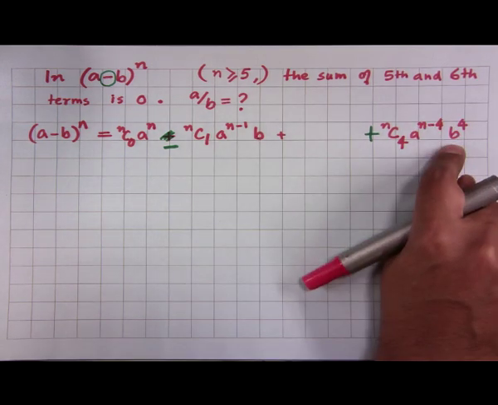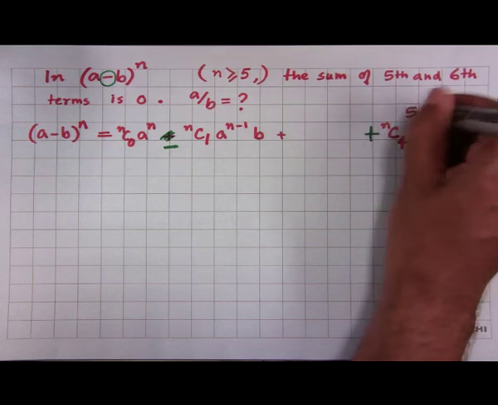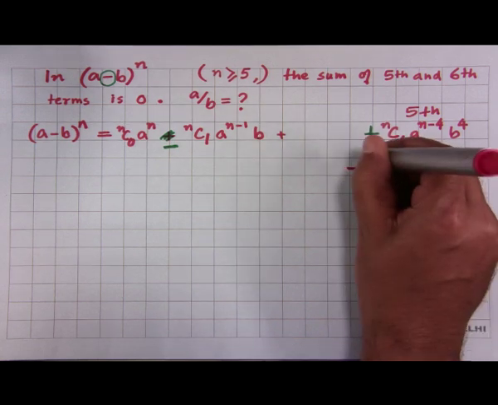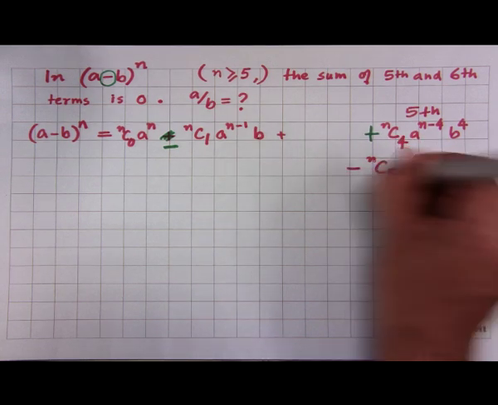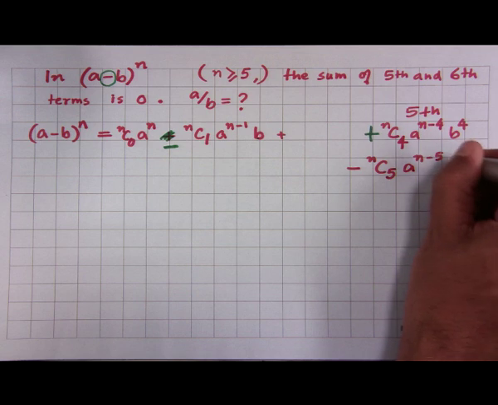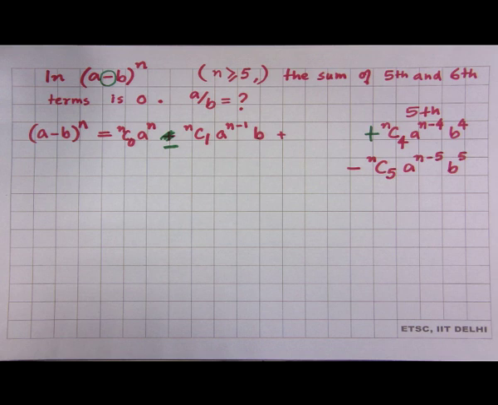So, this is the fifth, and the sixth term is minus nC5 a to the power n minus 5 times b to the power 5. That is my sixth term.